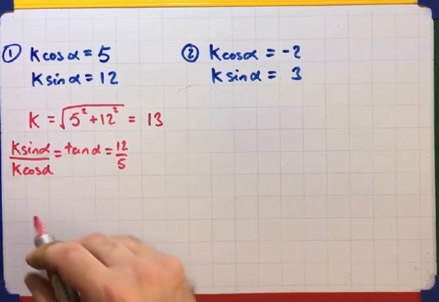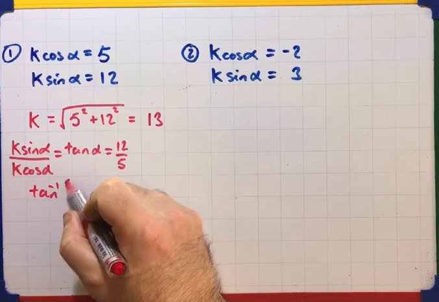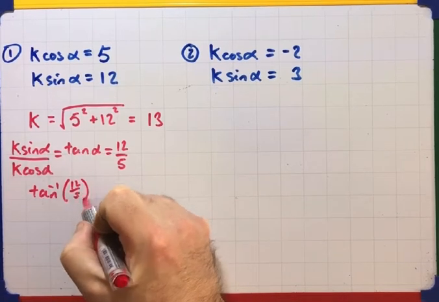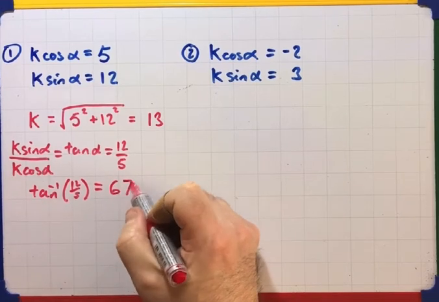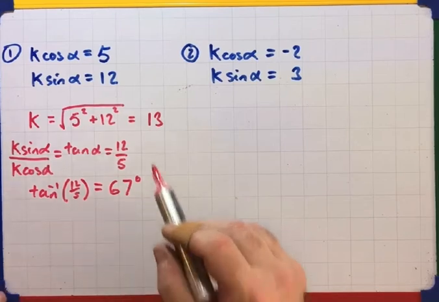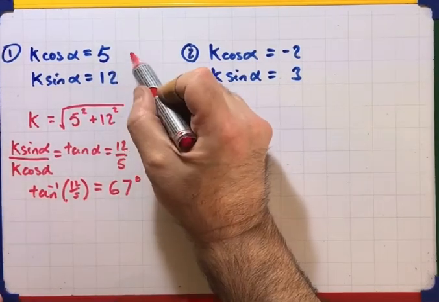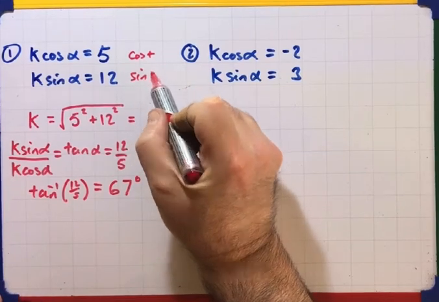So first of all, I'm going to do the inverse tan of 12 over 5. And that gives me as a first quadrant angle roughly 67 degrees. But then let's look at it. The cos is positive there, and the sine is also positive.